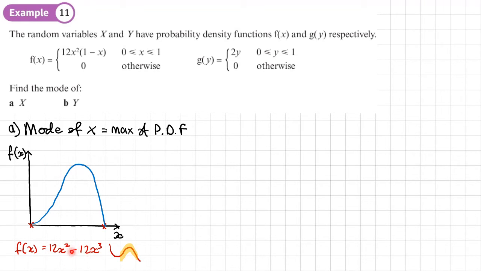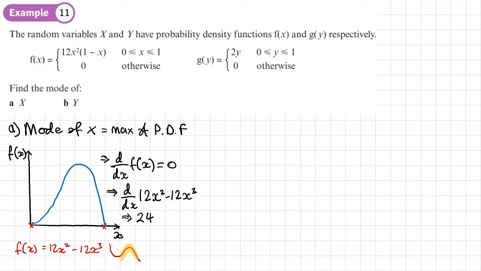So what we're going to do is differentiate it to find the maximum. That means we're going to differentiate f of x and find out where that equals 0. That will tell us where the maximum is. So we differentiate 12x squared minus 12x cubed, and we want to find out when that's equal to 0. That will give us 24x minus 36x squared.